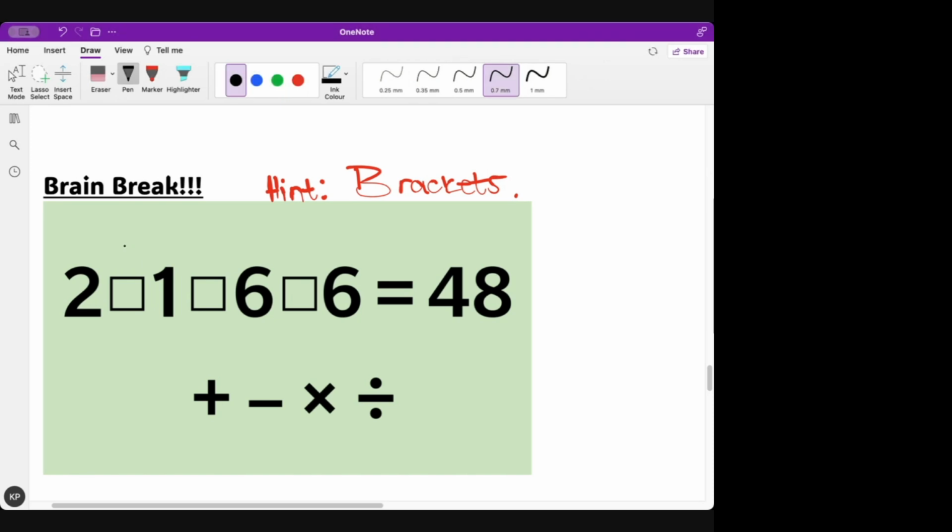Okay, so you're going to need to tell me first where to put the operations and where to put brackets. Anyone figure this out yet? Let's hear. Anyone have an idea? I'm going to give you guys 1 more minute, then I'm giving you another hint.